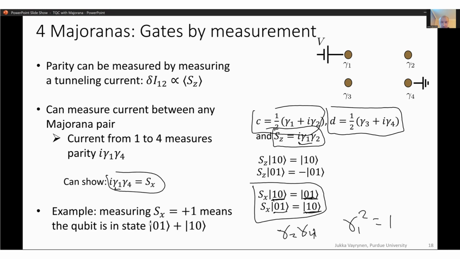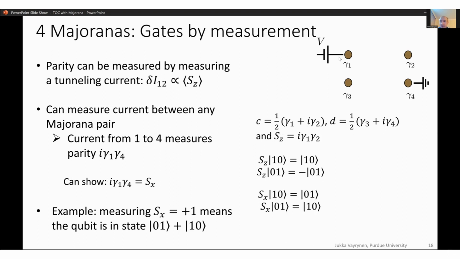In fact, this measurement of sigma X means that we actually are doing a qubit rotation, because if we measure the current from gamma 1 to gamma 4 and we get a certain result, let's say we get Sx equals +1, it means that our qubit in the sigma Z eigenbasis will be in a superposition state.